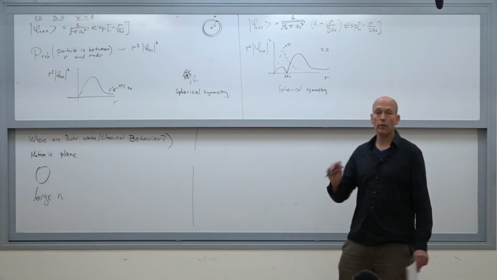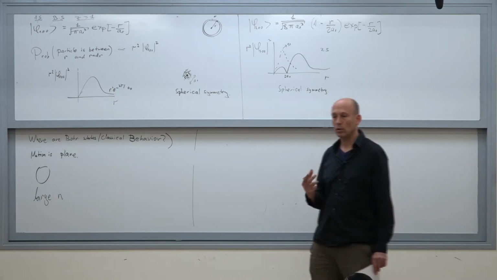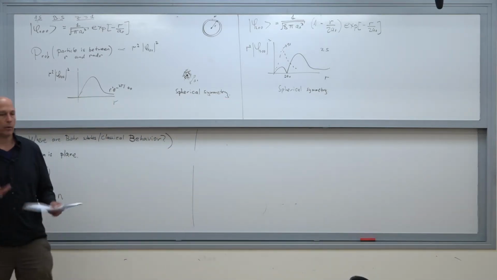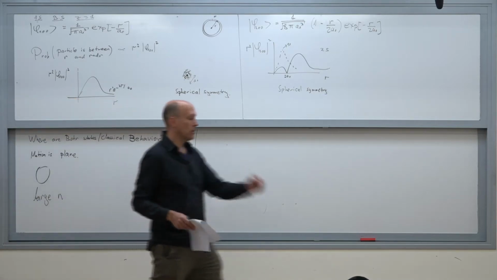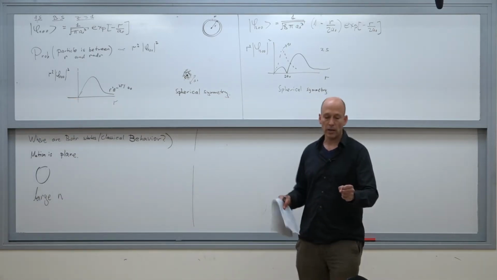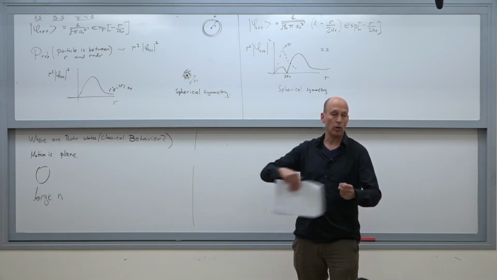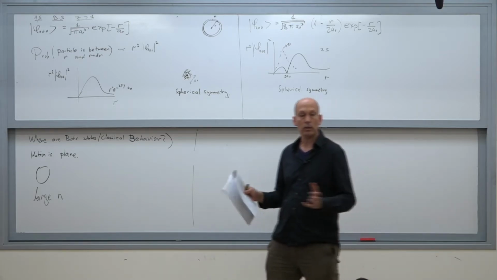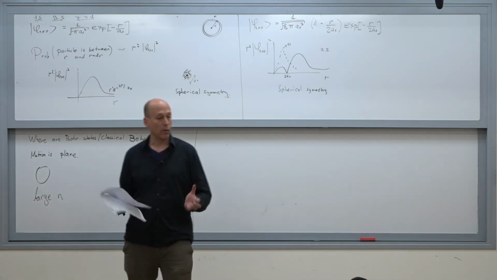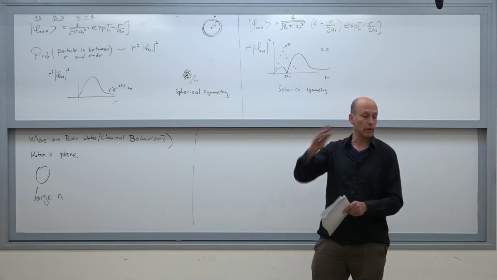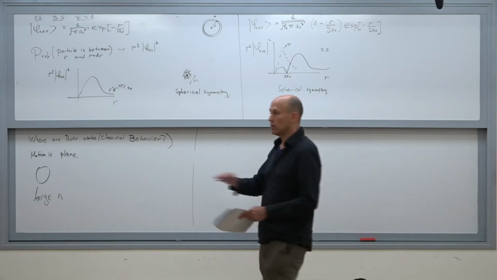So L equals 0 is not at all a classical state, but this is kind of obvious from classical mechanics, because if you have the sun here and the earth rotating, no one is talking about a state where the angular momentum is 0, right? So L equals 0 is very quantum, very non-classical, and you have the spherical symmetry. It's not a motion in a plane.